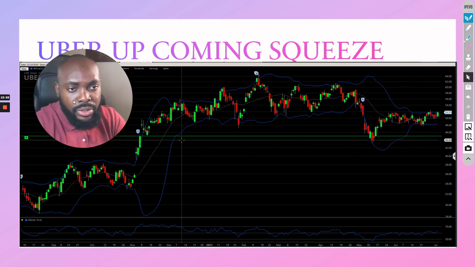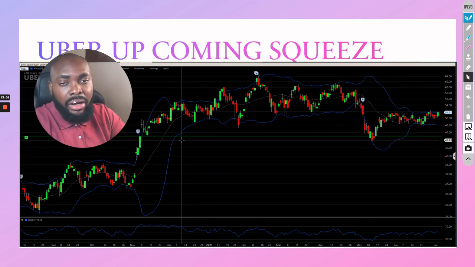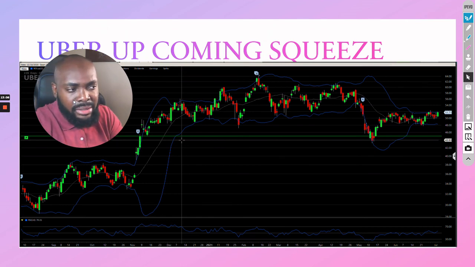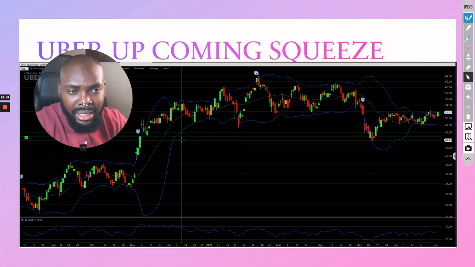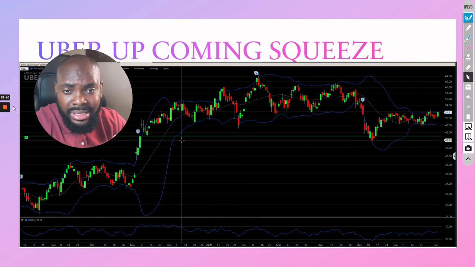And you can also use the riding of the upper band once we get the breakout to guide you in that trade. If price breaks to the downside, you can use the riding of the lower Bollinger Band to the downside. Once the stock starts to pull away from the band, then you will look to close that trade out.